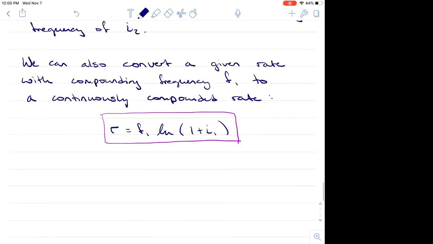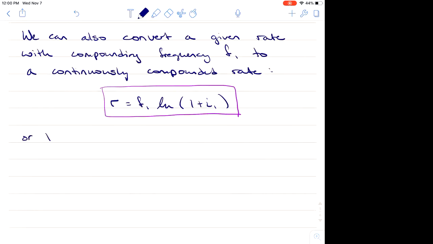I think the textbook just uses R is F times the log of 1 plus I. I don't like that one because I like the one that's on your formula sheet: F subscript 1, I subscript 1, saying, hey, this is where we're coming from, and then we're going to a rate, and that rate must be continuously compounded.